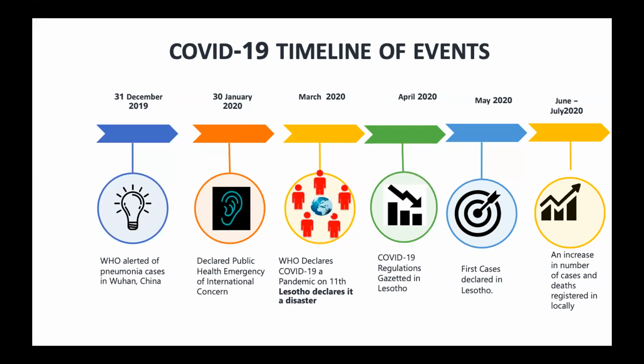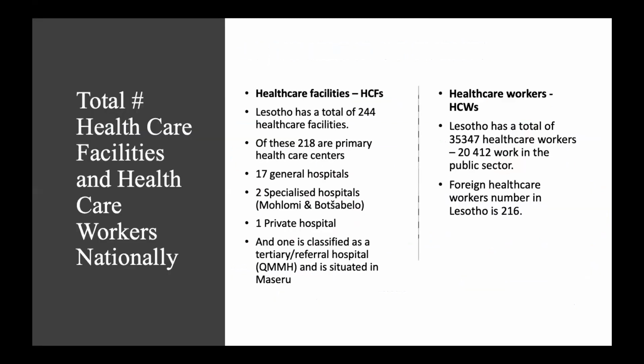When we look at the timeline of the events, Lesotho had the first case in May 2020, and we began to have community transmission and the first death between June and July 2020.